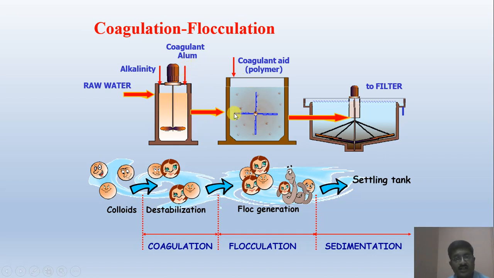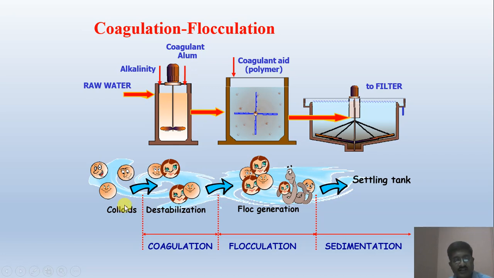Water is further passed. Coagulant is ready there. Polymers are added, stirring is carried out, and because of this it is brought to the clarifier, right? So you can understand this mechanism, and these settled particles are removed from this point. The particles present in the water are called colloids.